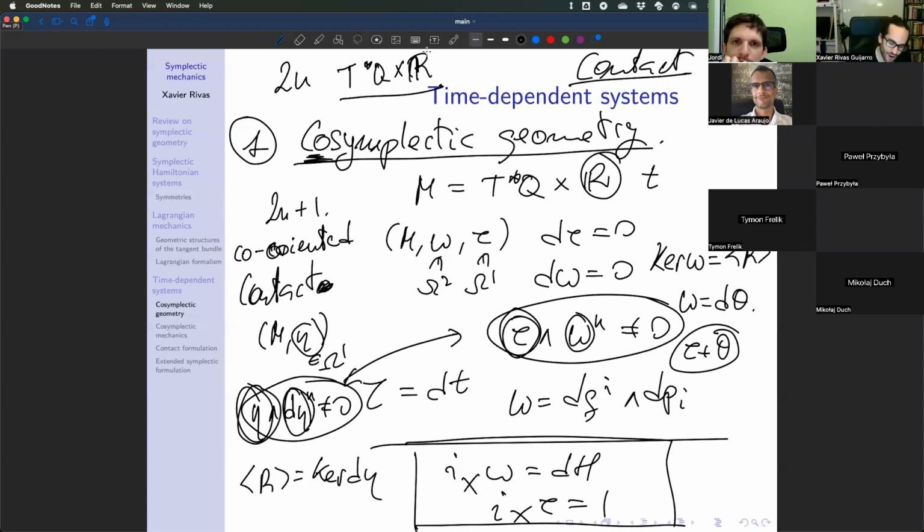But you have to look for other contact structures here. Maybe I can tell you which contact structure. I don't have it here. Maybe I can tell you another day. That would be very interesting indeed. Yeah, I can tell you another day.